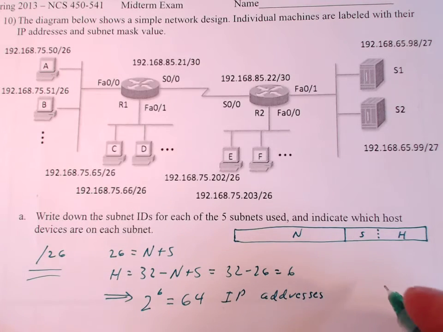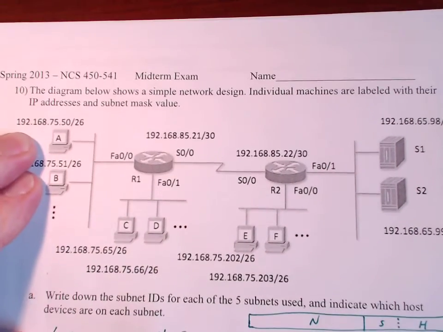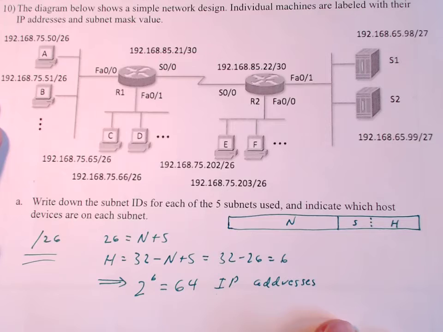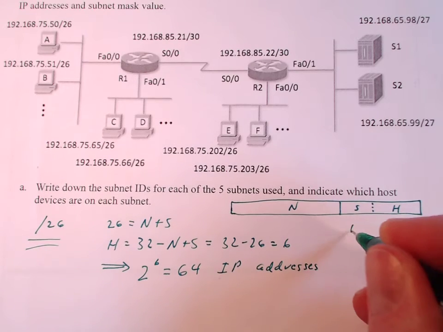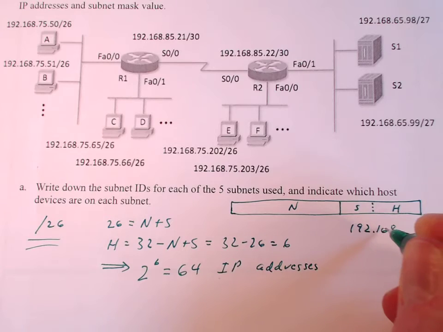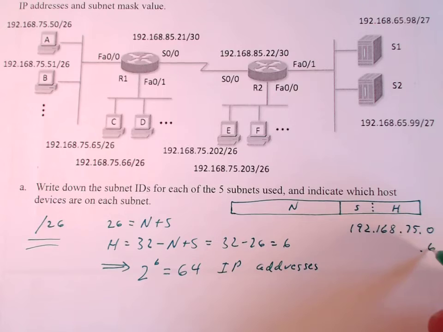And so those subnets are going to be the following. If I'm at 192.168.75.50, I'm going to have subnet addresses 192.168.75.0, .64, .128 and .192.